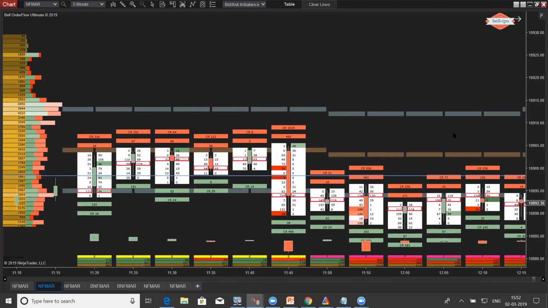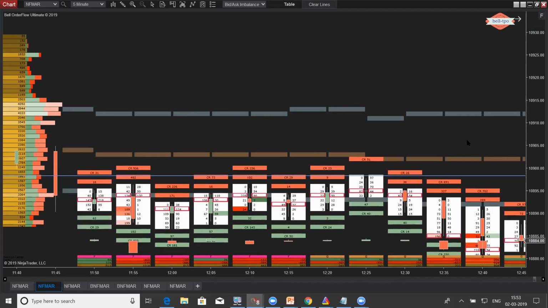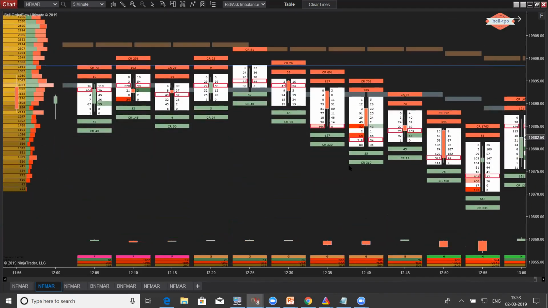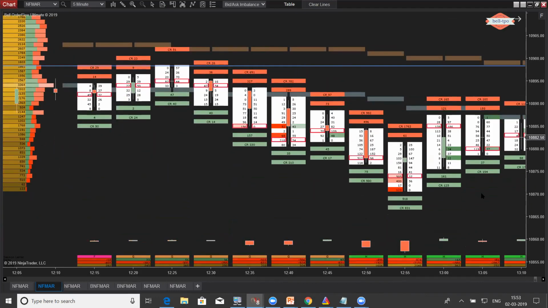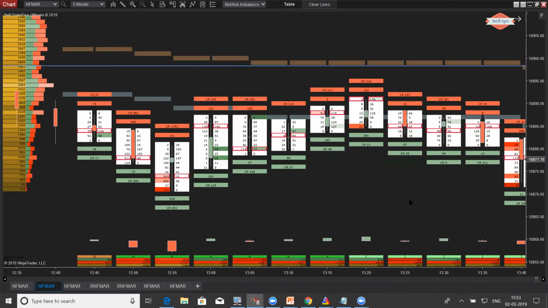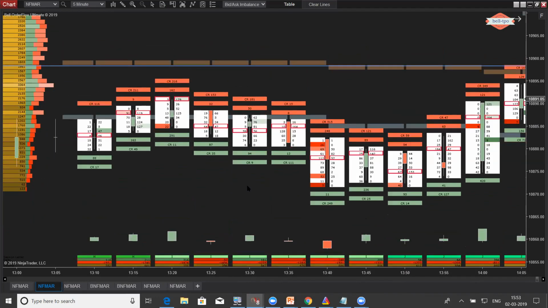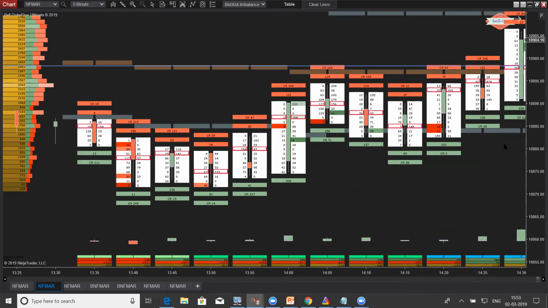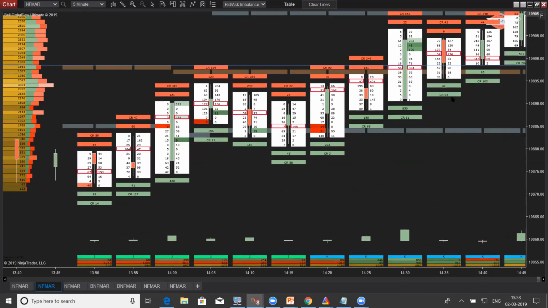Not much stuffed zeros inside the candle.